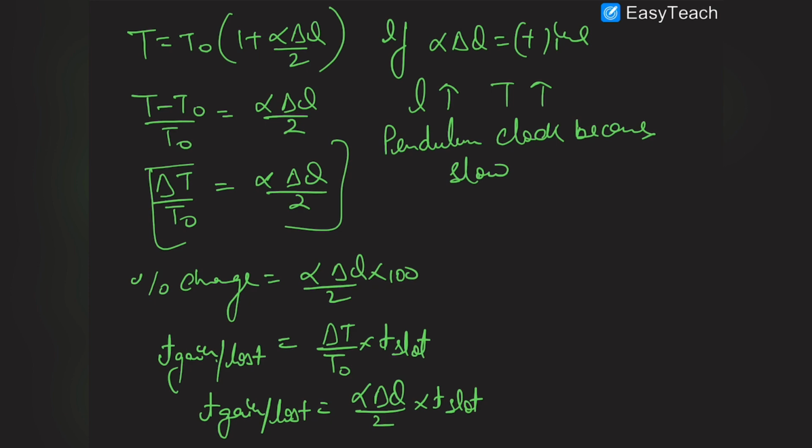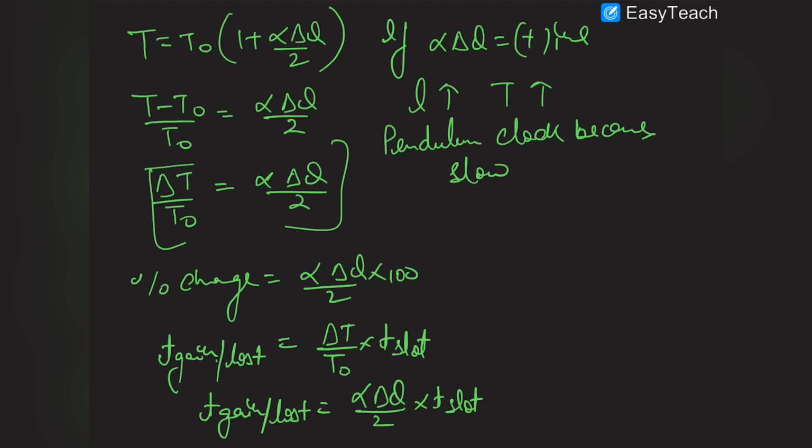And therefore it has lost some time. Let us suppose a situation in which a pendulum clock shows 1 hour in 60 minutes normally, and if we increase the temperature, it shows the complete 1 hour in 62 minutes.